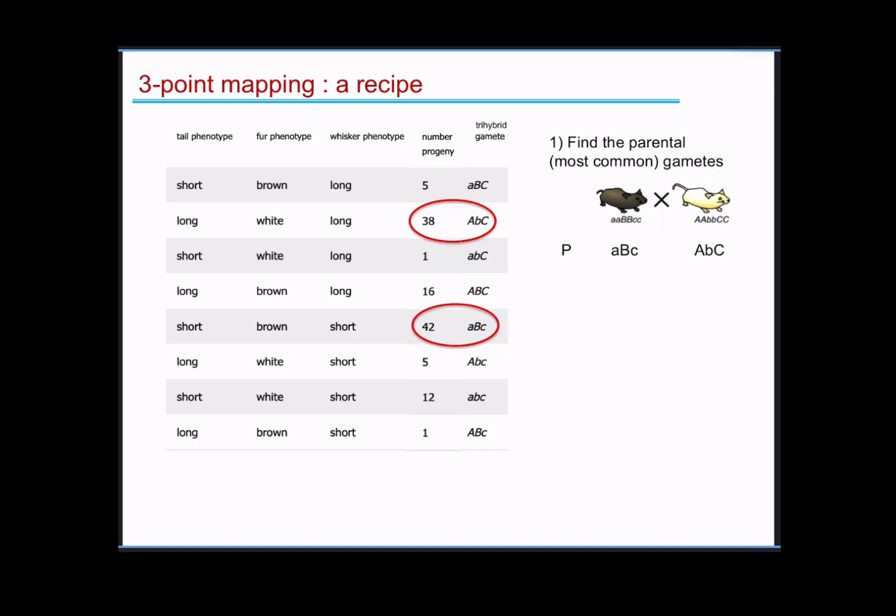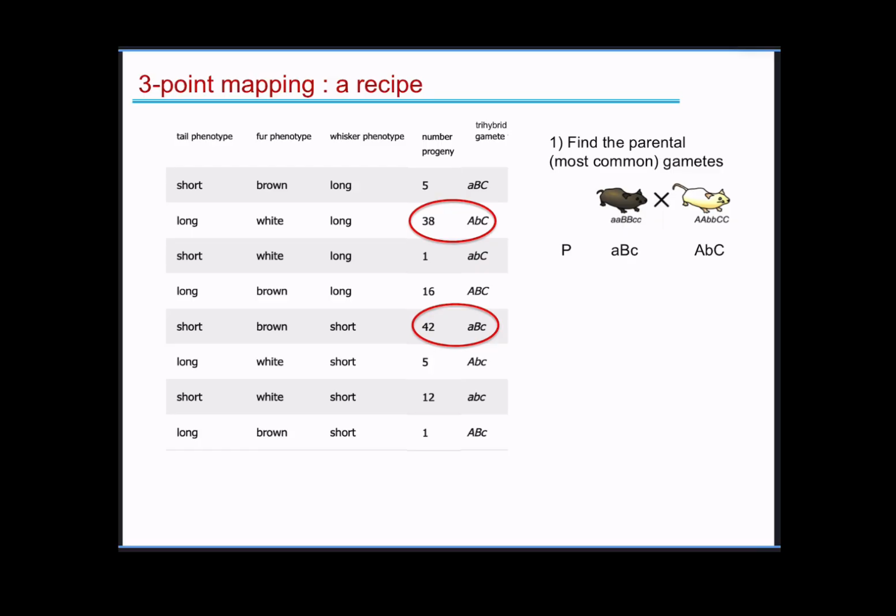And then the second most common phenotypic class is short tail, brown coat, short whiskers. So given those most abundant phenotypes, you can from there deduce what the most common gametes being produced were, and those are the parental gametes.